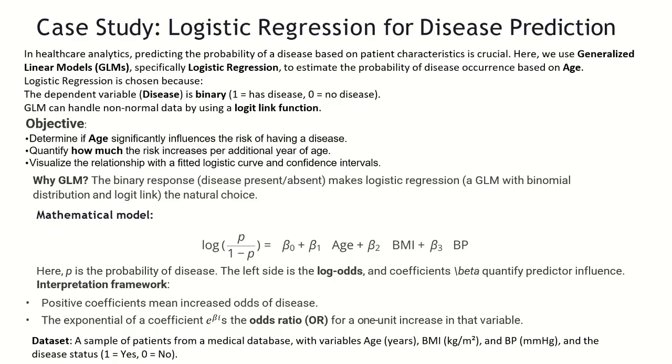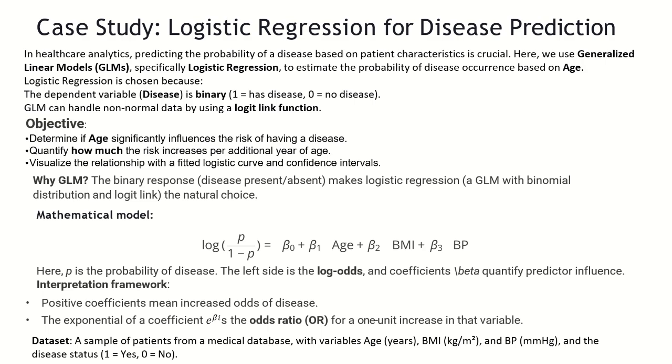The logistic model transforms probabilities into log odds, allowing us to estimate and interpret coefficients in terms of odds ratios. This is particularly useful in medical research, where understanding how much each risk factor contributes to disease likelihood is crucial for prevention strategies.